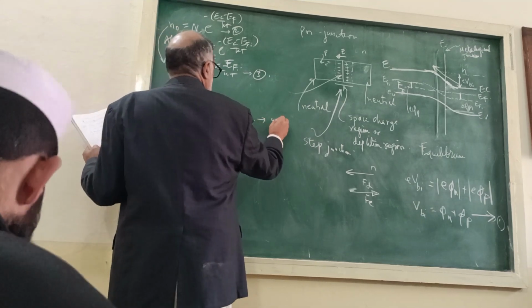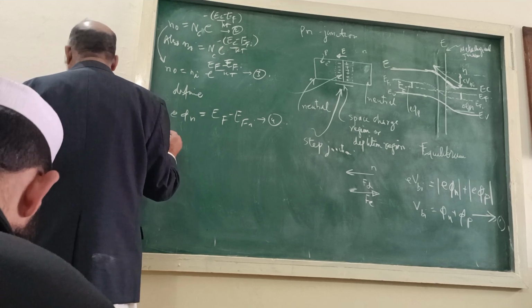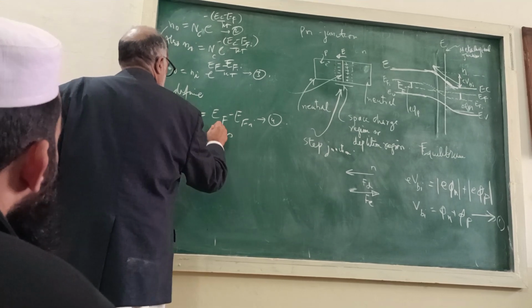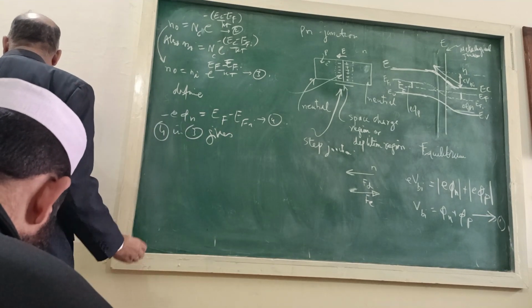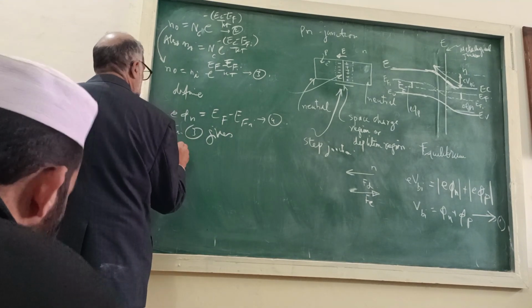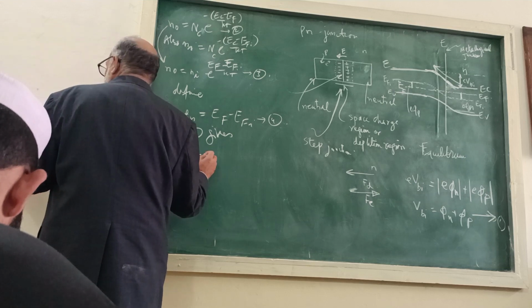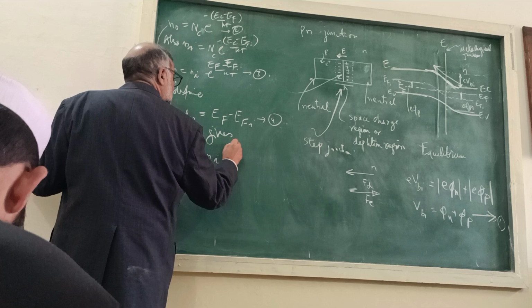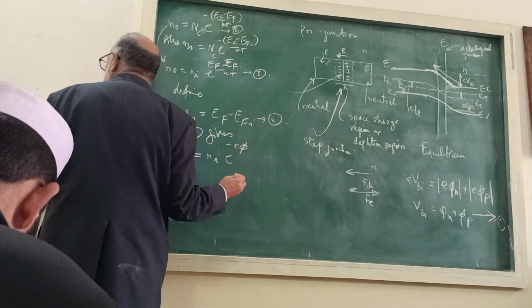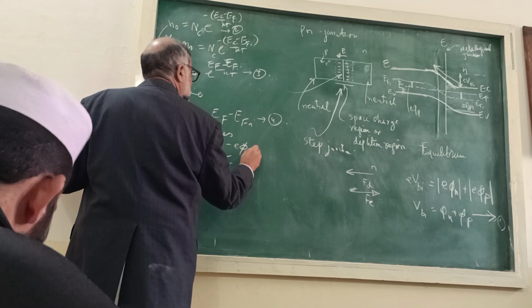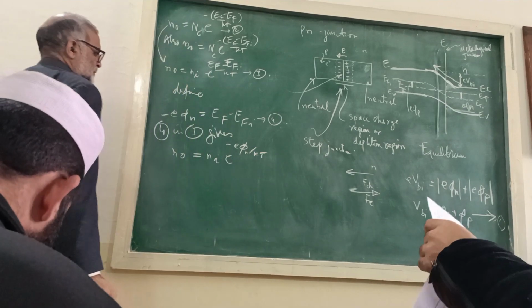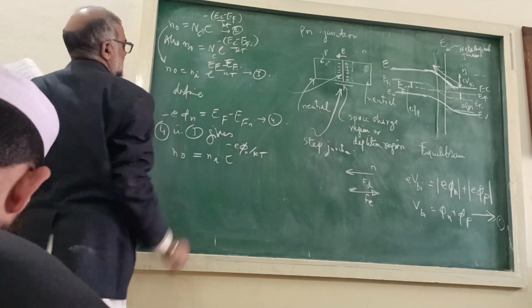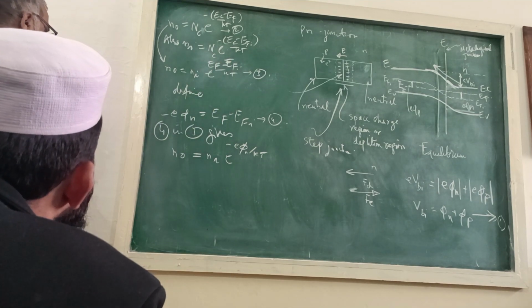So that is equation number 4. So 4 and 3 give n naught equal to ni e to the power minus E phi n over kT.